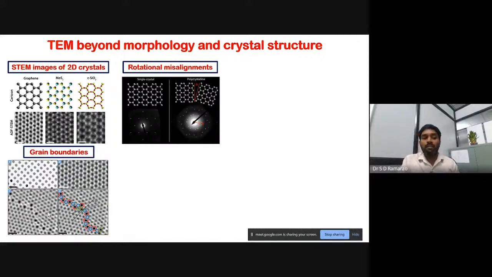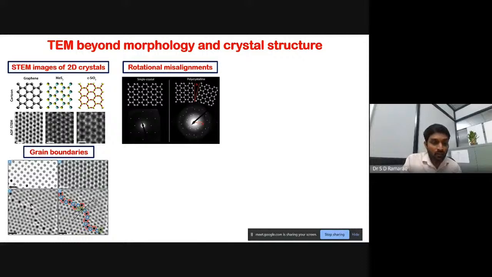But with X-ray diffraction, you cannot get this kind of information from XRD. Further, you need to do TEM, and that too high resolution TEM. If you do, you can see how the atoms are arranged in your material, and if any small misalignment is there, that can also be seen here.